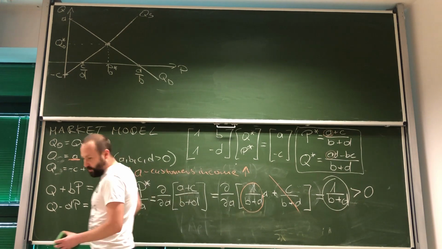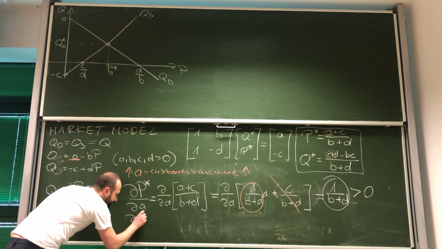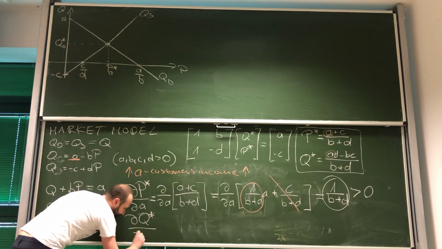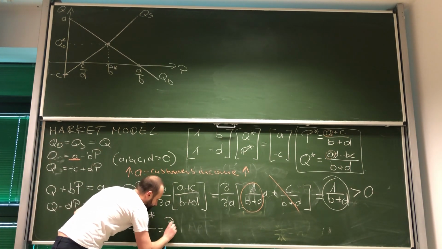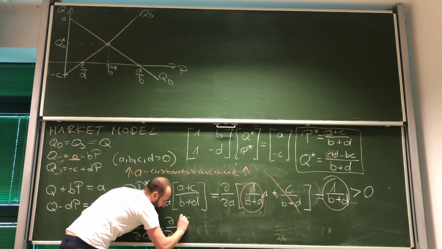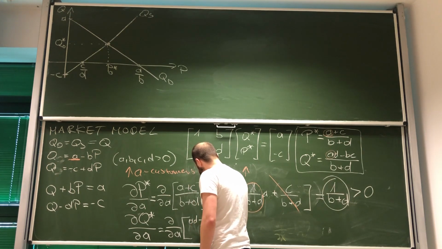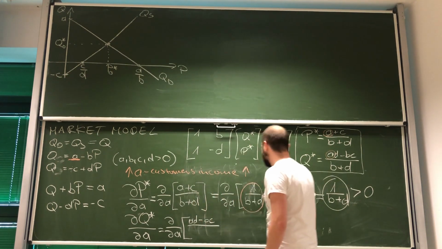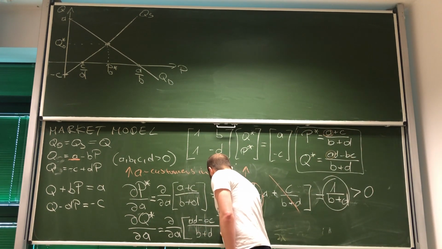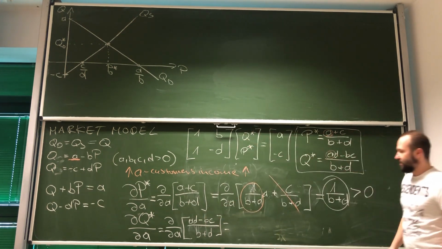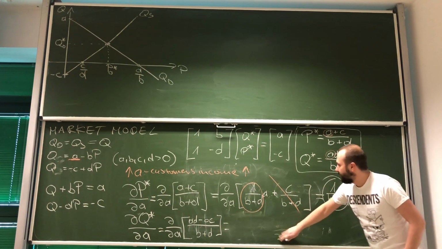And look, if I'm going to repeat this exercise now for quantity, I can use the same tricks to calculate this derivative very easily. So, we've got the derivative with respect to A of (AD minus BC), where we assume that AD minus BC is positive, over B plus D. And look, again, I need to differentiate this with respect to A. And look, I can use exactly the same trick as I did here.